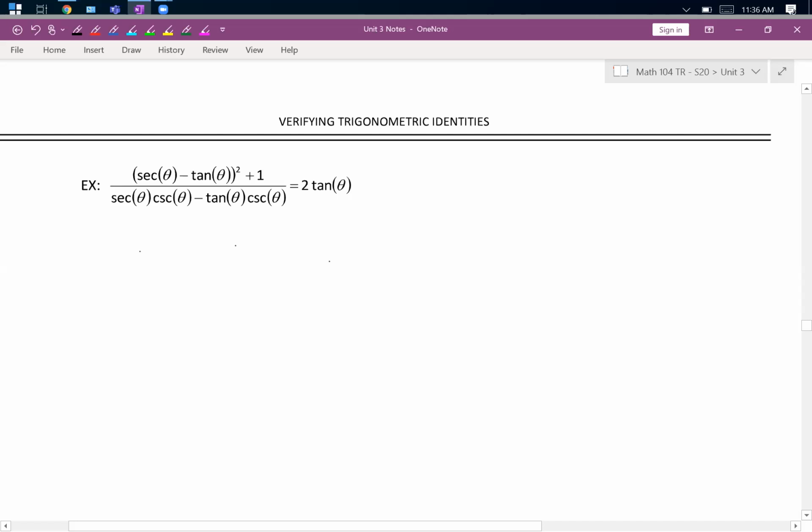So I would not bother switching this into sine and cosine. So our algebra thoughts are that we're going to have to factor the left-hand side and then cancel common factors.